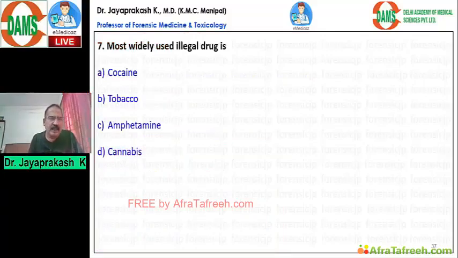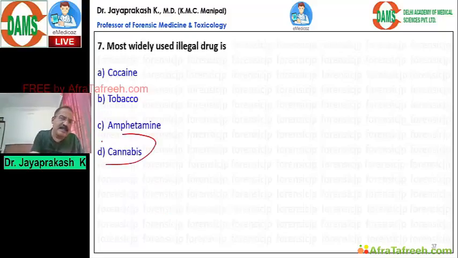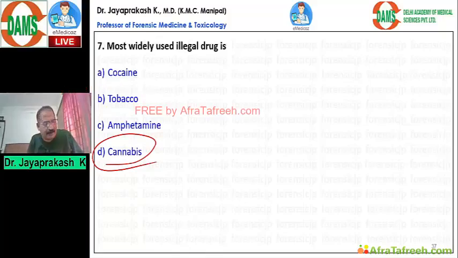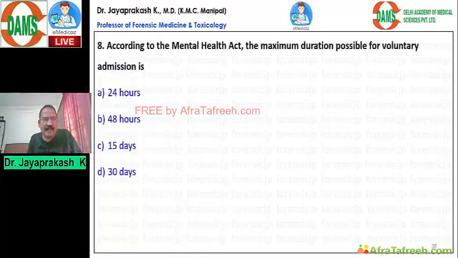Okay. The most widely used illegal drug all over the world, or even in India, is cannabis. The most commonly used legal drug in India is tobacco. According to the Mental Health Act, what is the maximum duration possible for voluntary admission?